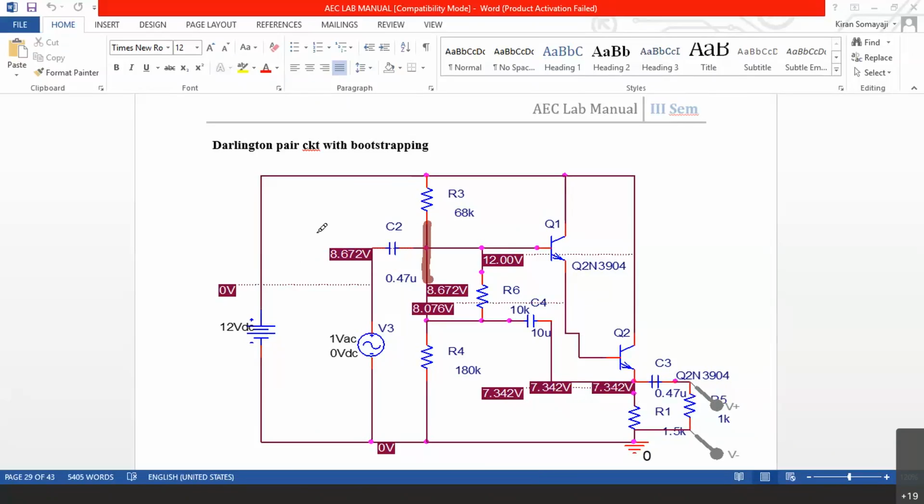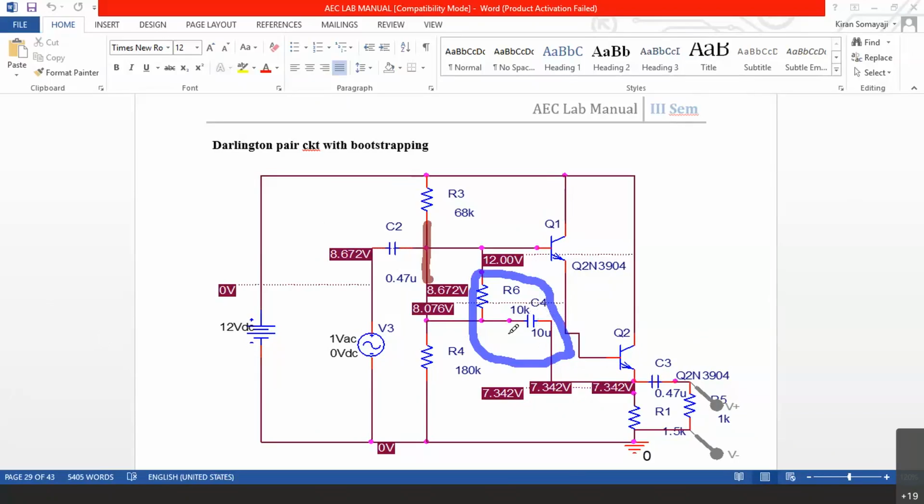All other things are the same. The only difference here is this connection. The output is connected to one more capacitor, which is a large value, 10 microfarad. You can see the coupling capacitor is only 0.47 microfarad, whereas here it is 10 microfarad.